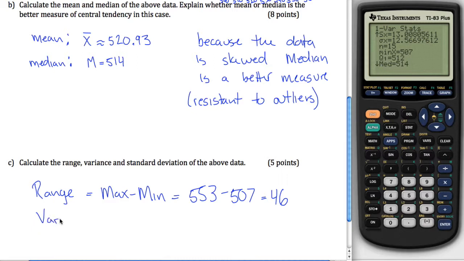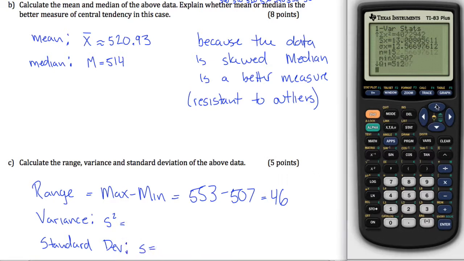Variance and standard deviation. Variance, you use the symbol S squared. Standard deviation, use the symbol S. And if we go back over here, that was one of the things listed.